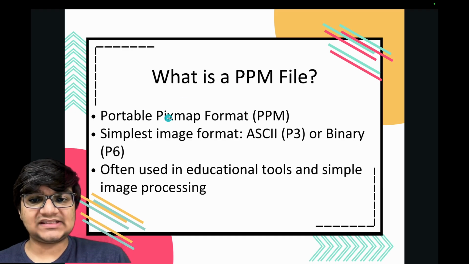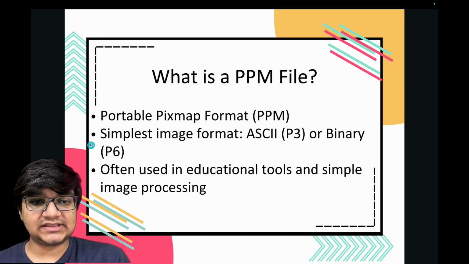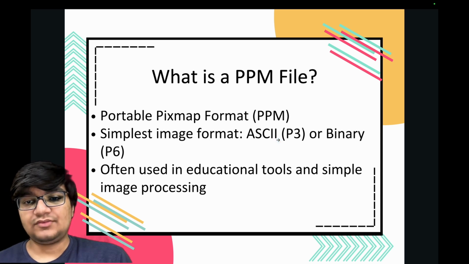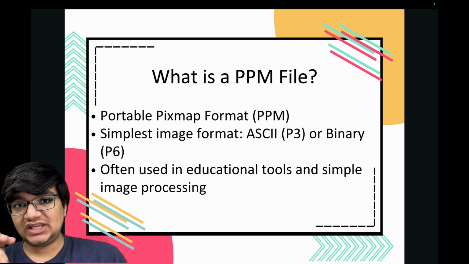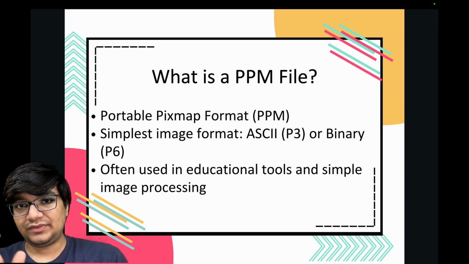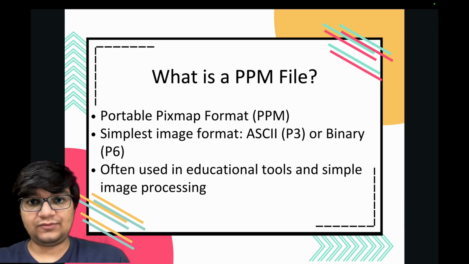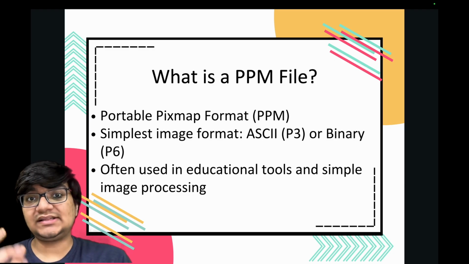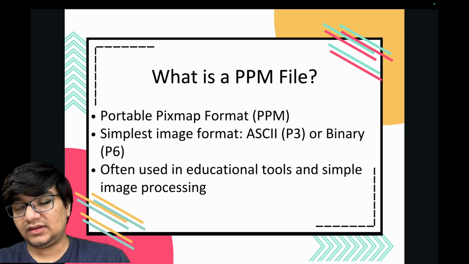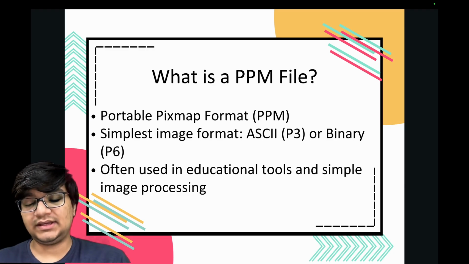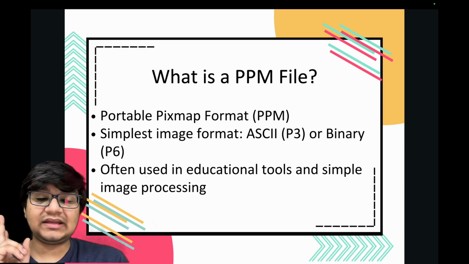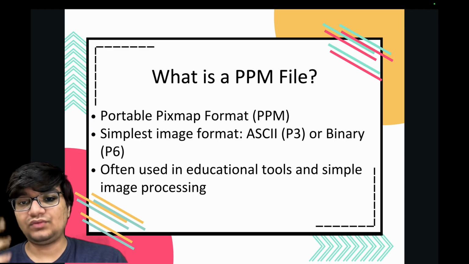Now, the speciality about the portable pixmap format is that if you open a PNG image in Notepad, for example, you would see random characters. That's because it is a binary format. Most of the image formats are binary. But the speciality about PPM is that you can have it in two or actually more than two formats.